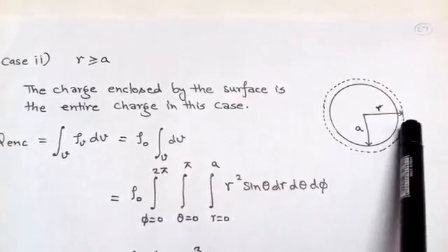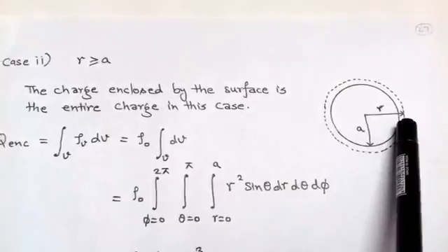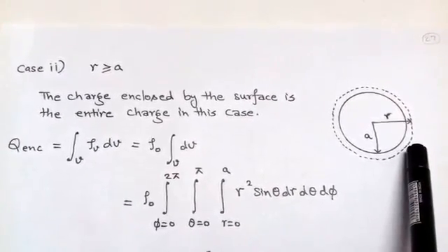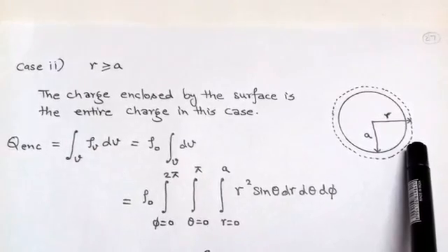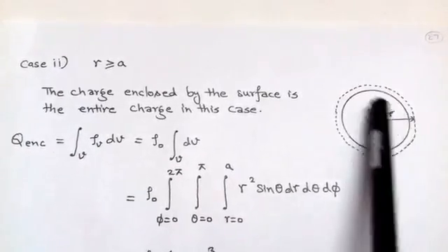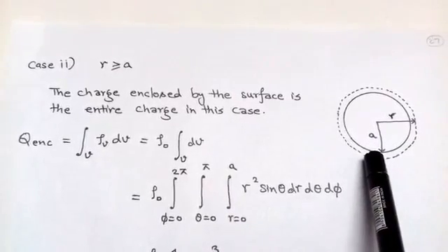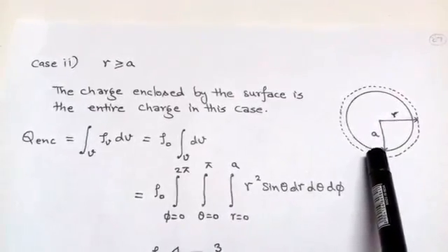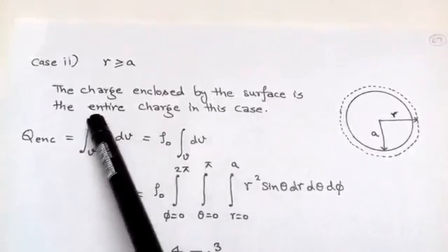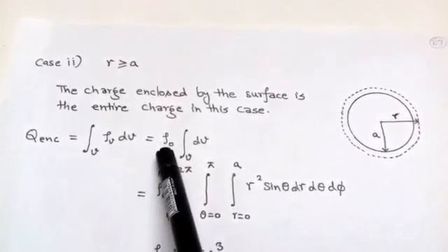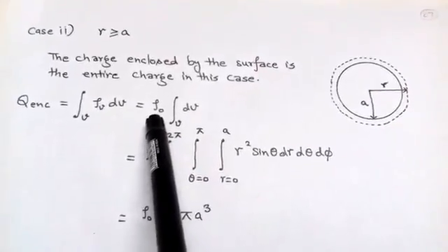Now this Gaussian surface encloses the total sphere, meaning the total charge. So this Q enclosed equals the integral of rho v dv. The volume charge density rho v equals rho naught, that is given. And here the volume integration is a triple integration.